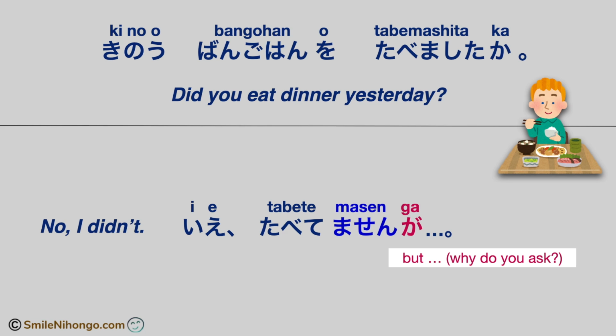The part, why do you ask is hidden and implied after the が. You can also use けど instead of が, which is more common in daily conversations. いえ、食べてませんけど。Today, I'm going to use this version and show you some example conversations from here, okay?